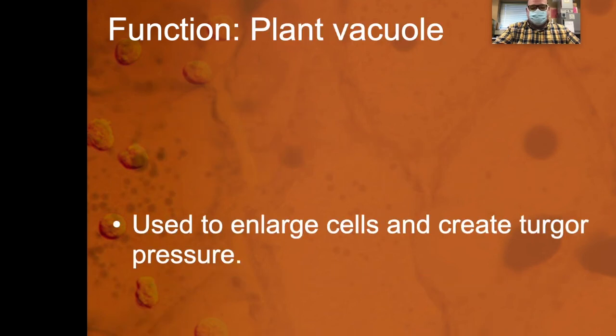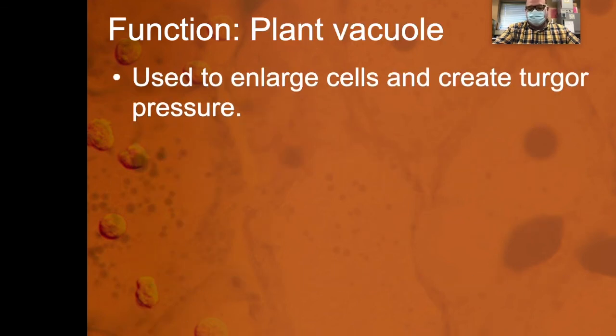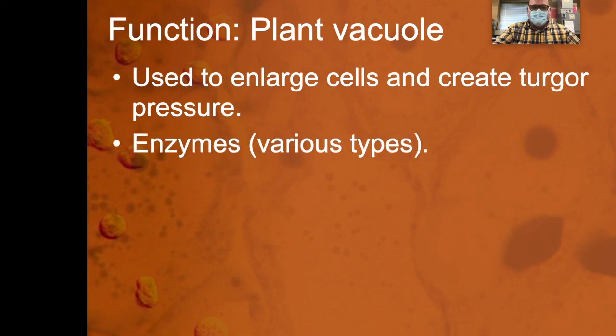All right, let's look at some further functions. This is what we were talking about with wilting. Okay, they can enlarge the cells to give the plants some structure. We call that turgor pressure. They can also store enzymes in there.